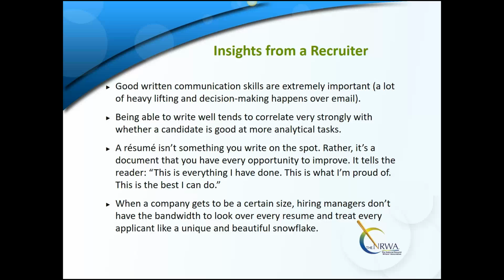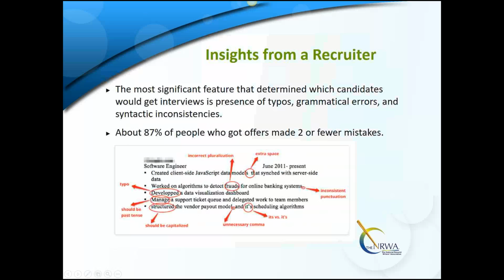As this recruiter said, when a company gets to be a certain size, they don't have the bandwidth to look at every resume and treat every applicant like a unique snowflake. So they're going to look at those resumes and make determinations based on a lot of what you're seeing in this little graphic here.